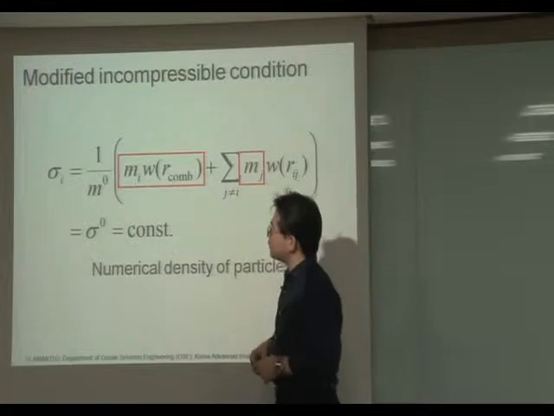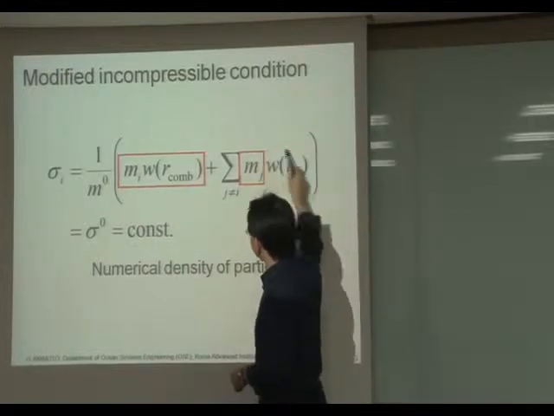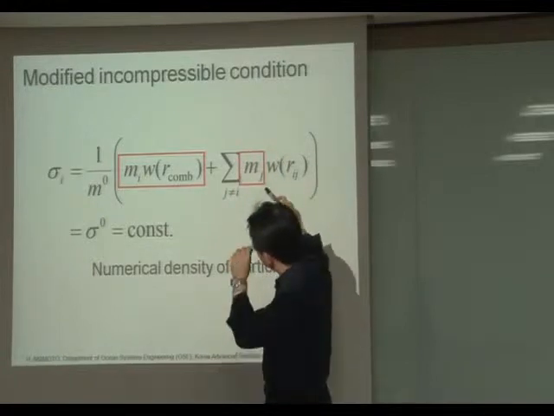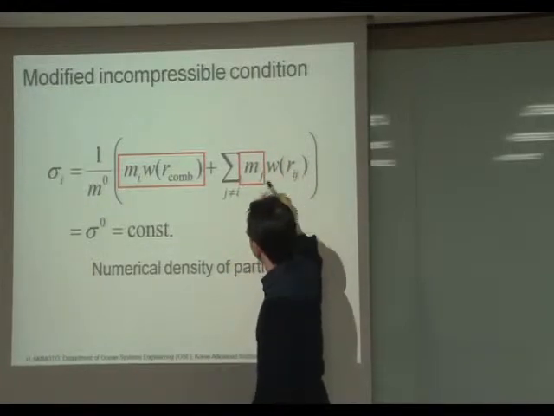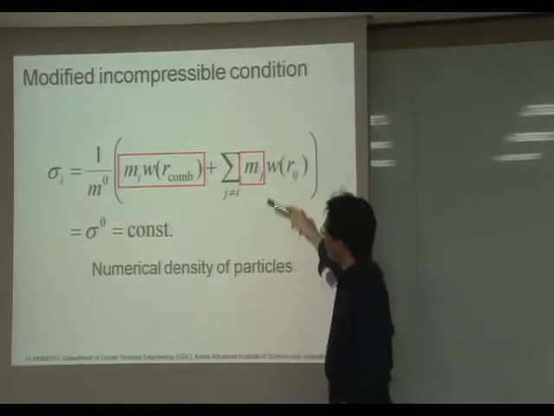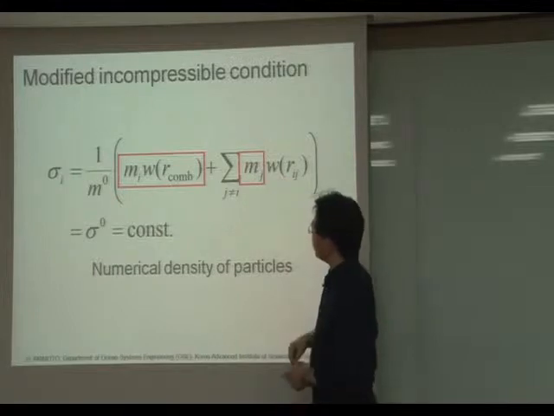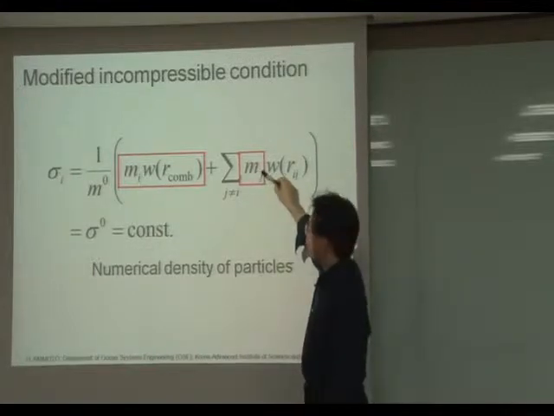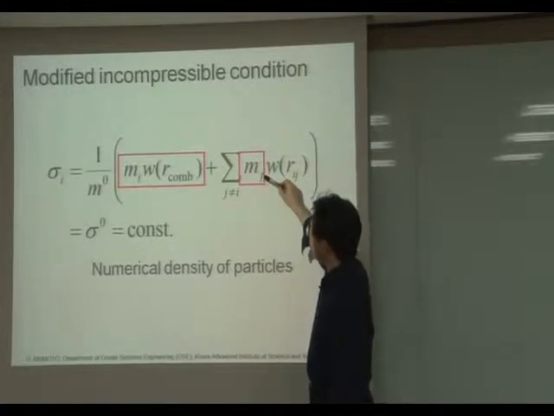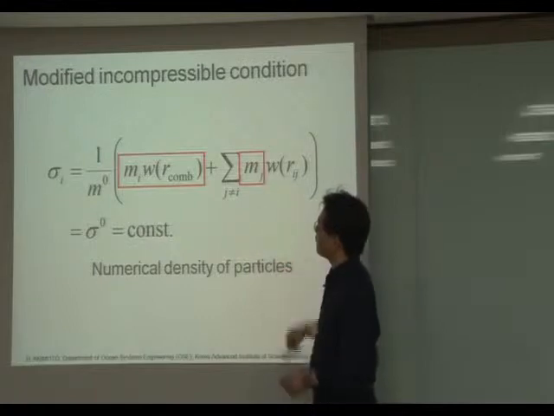In the original MPS method, this part is the numerical number density. But the difference is now the mass of the particle, mass of each particle is not constant. So Mj indicates the mass of particle J.